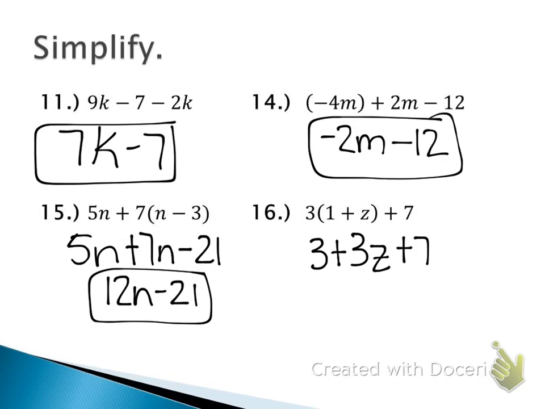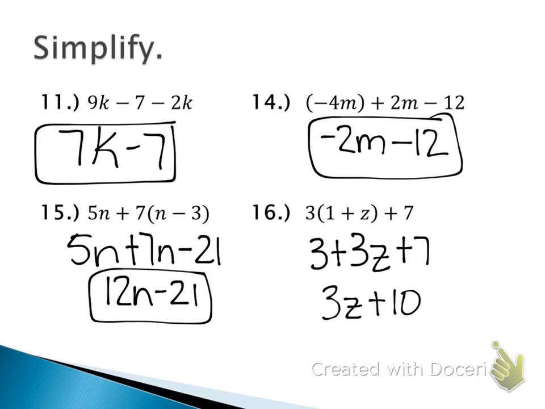Then we go to combine like terms. Houston, what did you get? 6 plus 7. We're close. So the 3z has nothing to combine with it, so it just stays 3z. And then we add the 3 and the 7 to get 10.